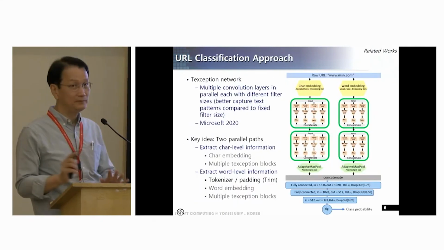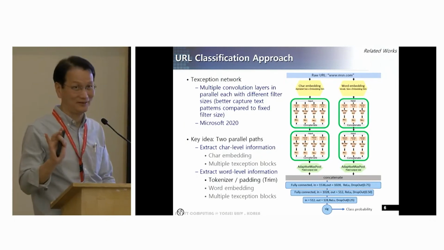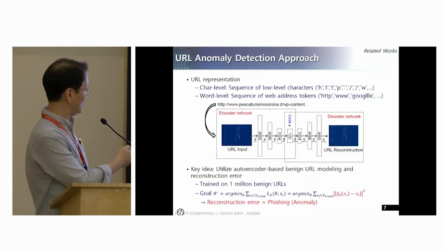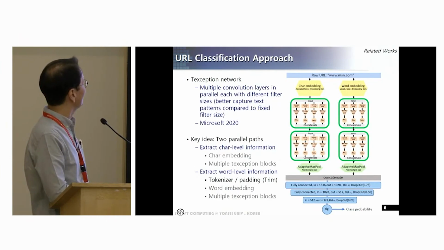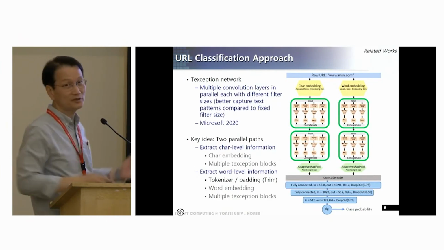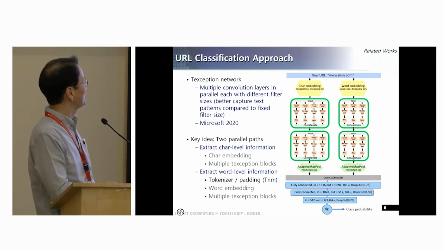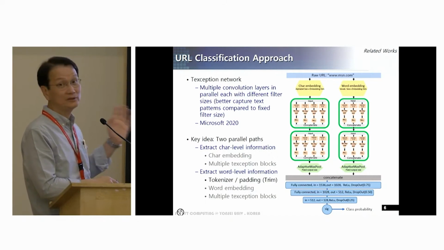So I will briefly show the 2 approaches a little. The first approach, called Texception network, consists of multiple convolution layers. It is just a convolutional neural network. However, it uses 2 different channels for character level embedding and word level embedding with different sizes of filters.